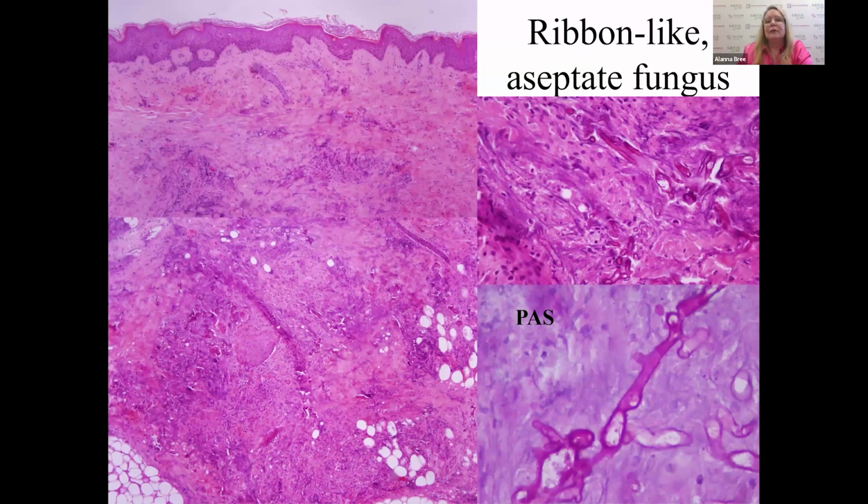And again, here you'll see the aseptate fungi that look ribbon-like. That is important to know when they're doing PASs and silver stains so that your pathologist can help you make the correct diagnosis.